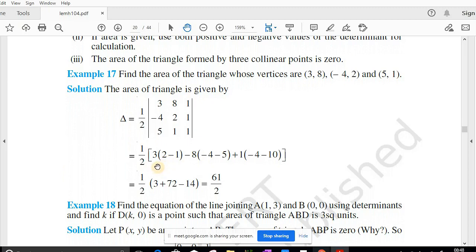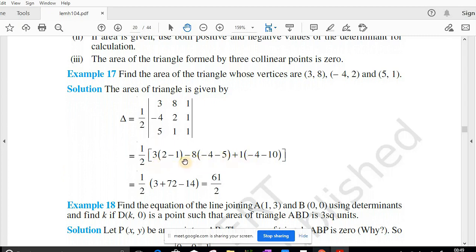How? Row 1. You see, the first element is 3, then 8, then 1. And the first element's position is (1,1), so (-1) to the power 1 plus 1 is (-1) squared, which is positive. The next is (-1) to the power 3, so that is negative, and the next is positive.